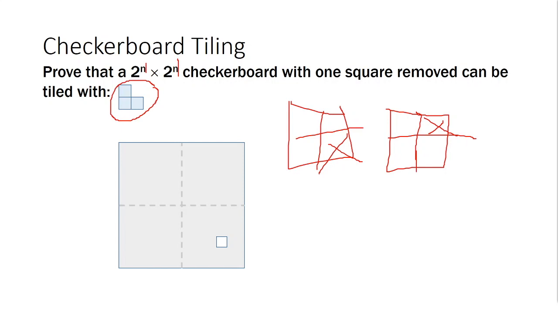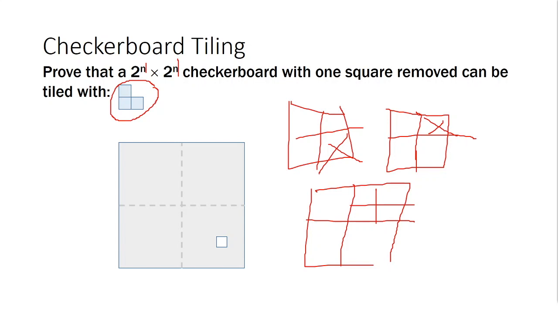Next step, we may have a larger one. This will be like this because it is based on 2 to the nth. But we have only one square missing, so here we can put a block.